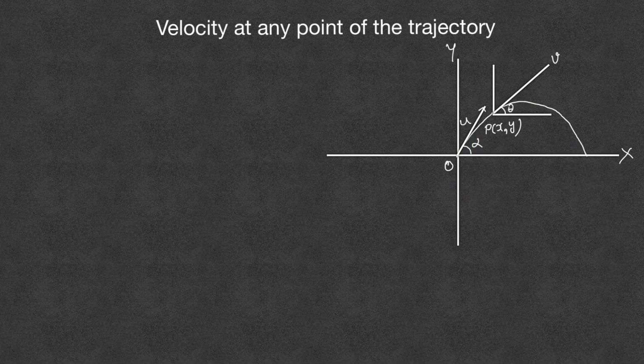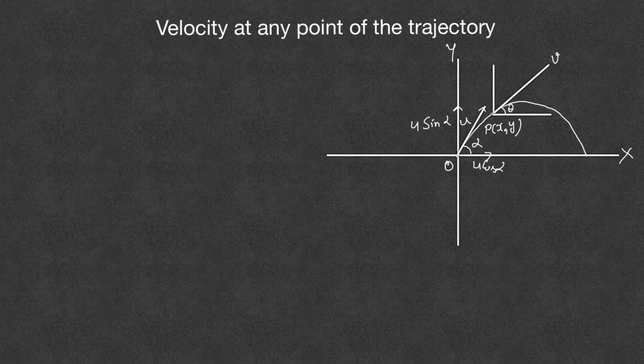The components of this velocity u are: this component is u cos alpha, and this component is u sin alpha. And we know that in case of a projectile, the horizontal component of the velocity always remains the same.